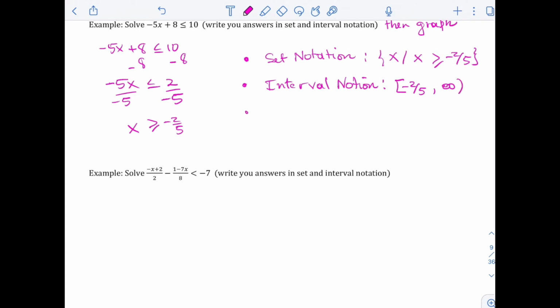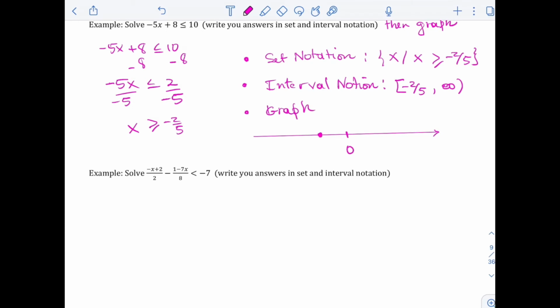And then last, the graph. To graph the inequality, we need the number line. Center 0. Negative 2/5 is negative, so I put it on the left side.